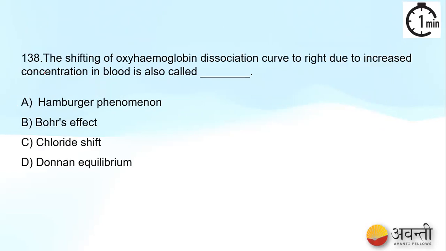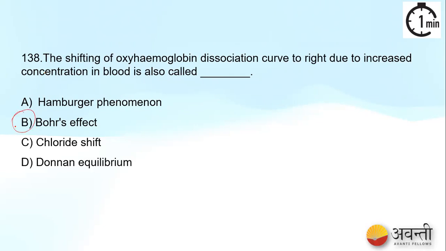The shifting of the oxyhemoglobin dissociation curve to the right due to increased CO2 concentration in blood is also called as: Hamburger's phenomenon, Bohr's effect, chloride shift, or Donnan equilibrium. They're talking about the shift of the oxyhemoglobin dissociation curve towards the right side. There is an effect called Bohr's effect.